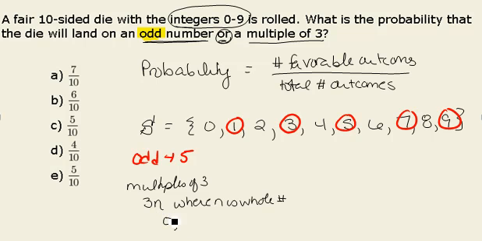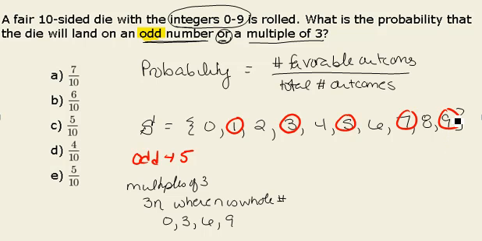If n is 1, we'd have 3 times 1, or 3. If n is 2, we'd have 3 times 2, which is 6. If n is 3, we'd have 3 times 3, which is 9. And if n is 4, we'd have 3 times 4, which is 12, which is outside of our sample space.